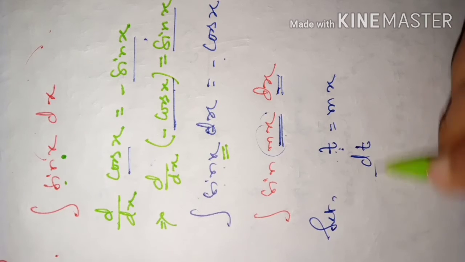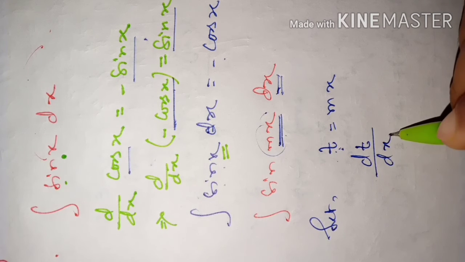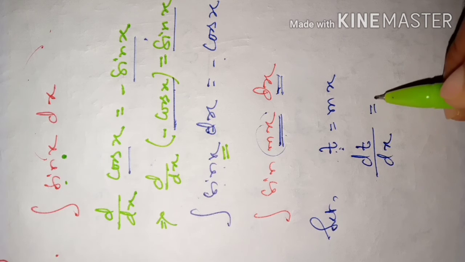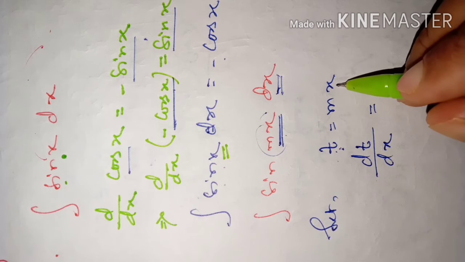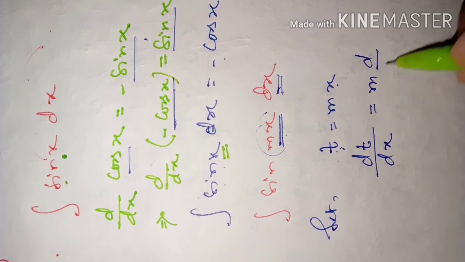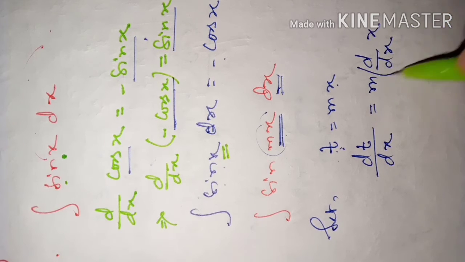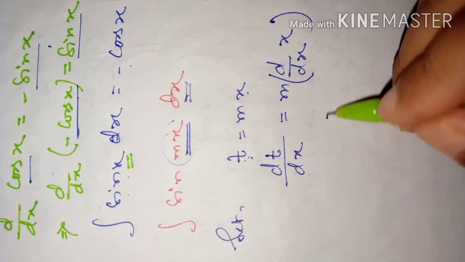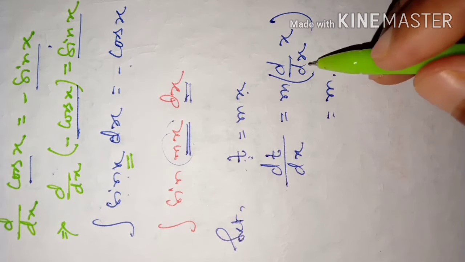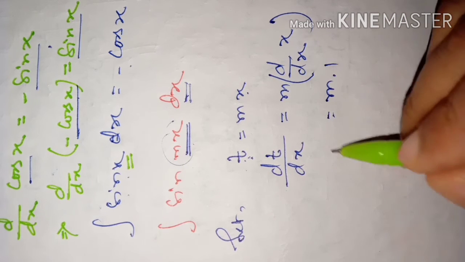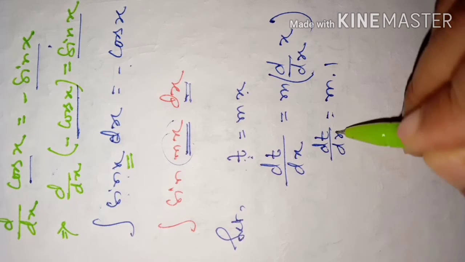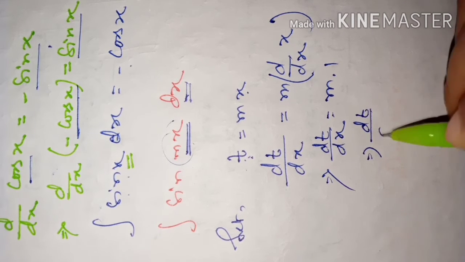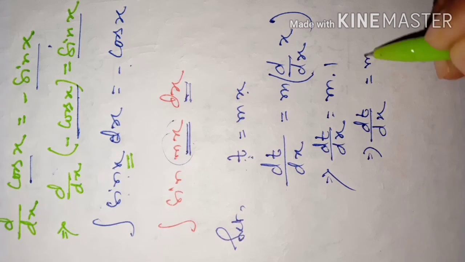So dt by dx, the derivative of t with respect to x, is equal to m times d by dx of x. Got the idea? Because m is a constant number, we will keep it aside. So m times d by dx of x is what? 1. So dt by dx is equal to m. Got the idea?